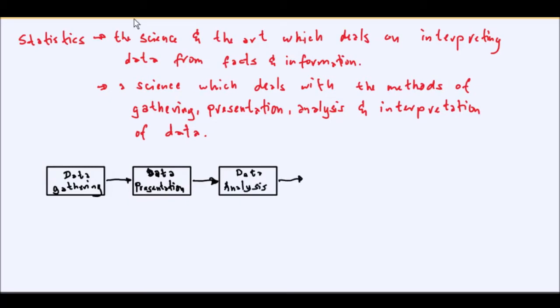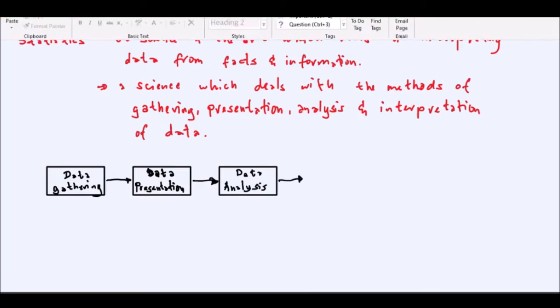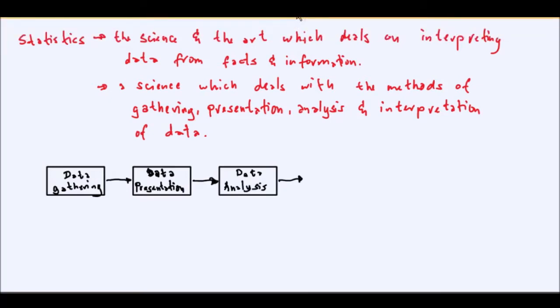And the last one will be data interpretation. Okay, so this is how the whole flow of statistics goes. We have data gathering, data presentation, data analysis, and data interpretation. Okay, so we will try to define each of these processes.